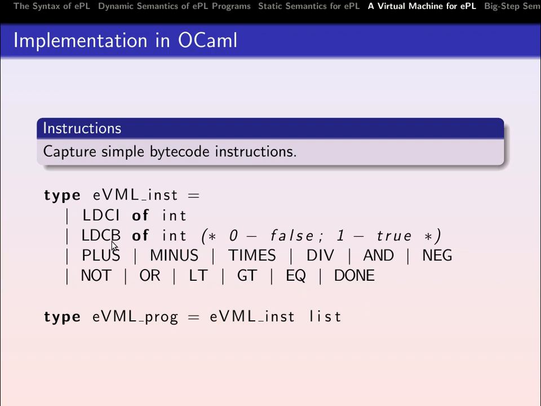LDCB has an argument which I'm not quite sure why, but this is code extracted from your labs. So this could have been a Boolean, but it so happens that it was implemented as an integer. Not quite sure why. And we have a variety of binary operators. Each of them has a single word.